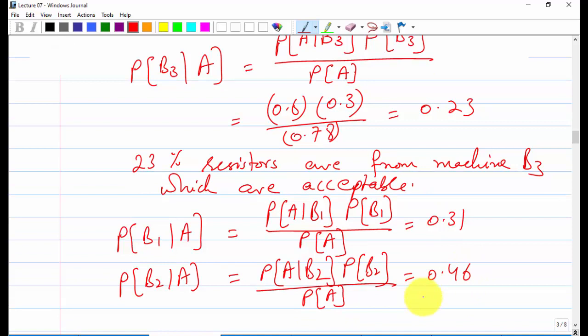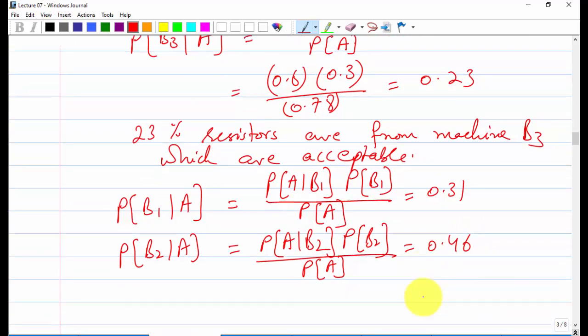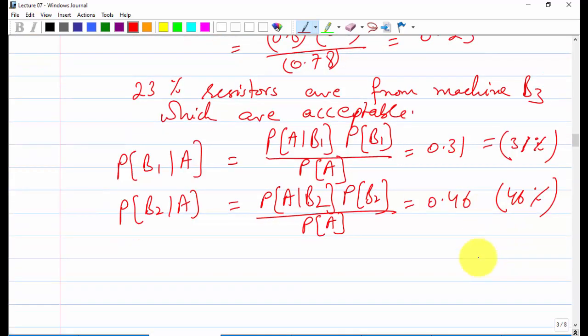So 31% of the acceptable resistors come from machine B1 and 46% come from machine B2, for all the resistors manufactured from these three machines.